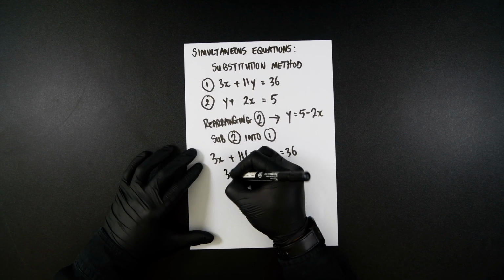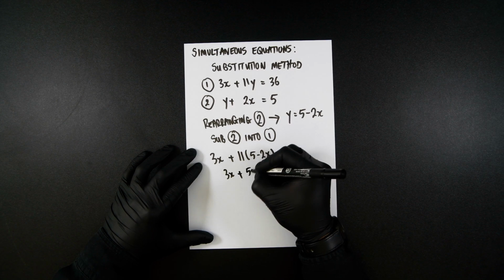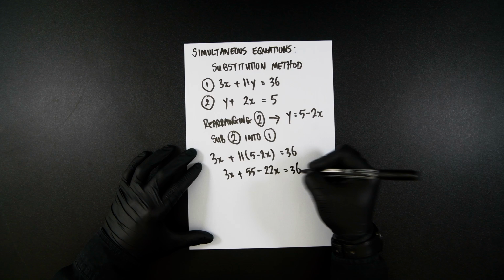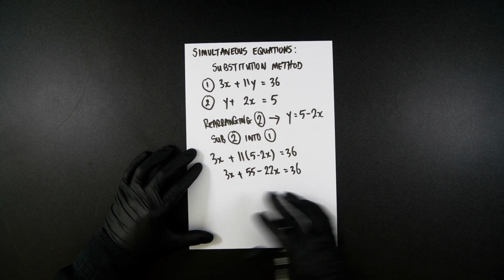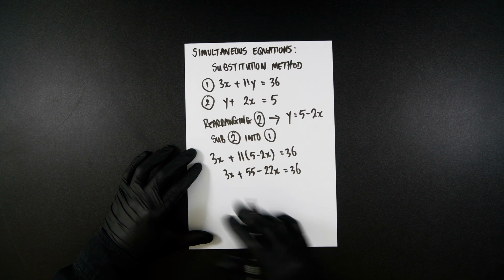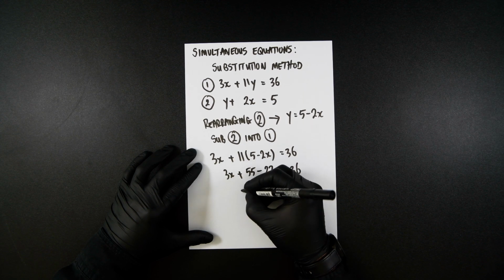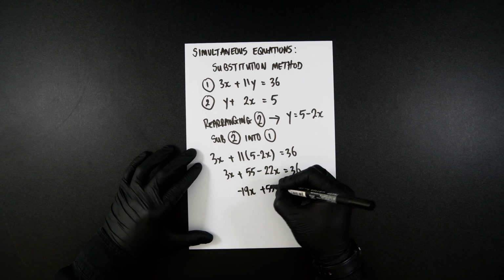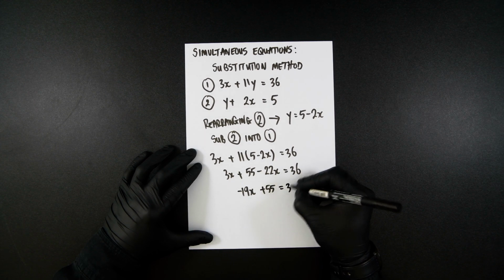So we're going to get 3x plus 55 minus 22x, which equals 36. We can now combine 3x and minus 22x, which would leave us with minus 19x plus 55, which equals 36.